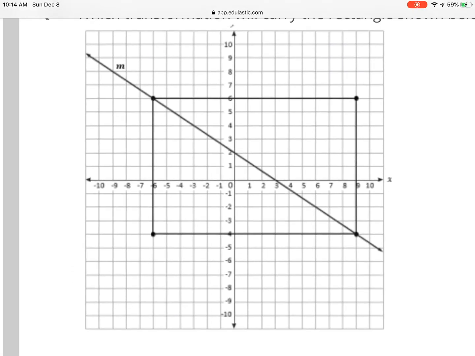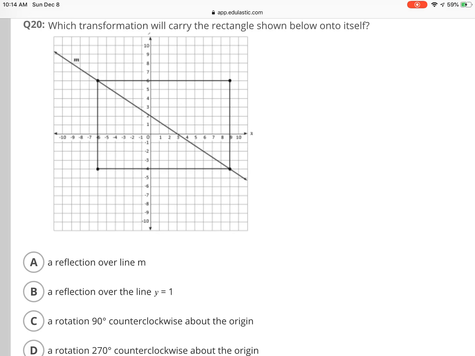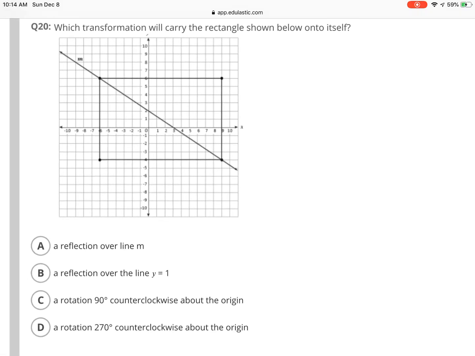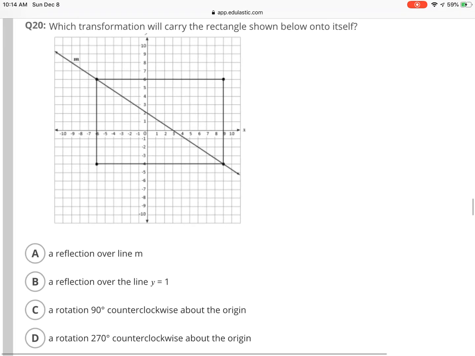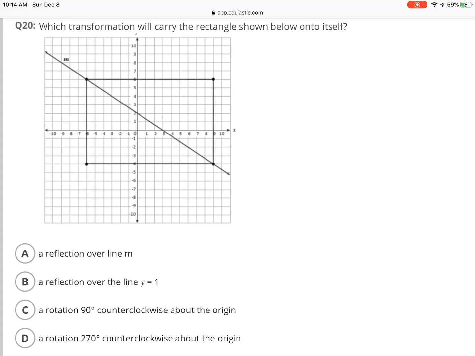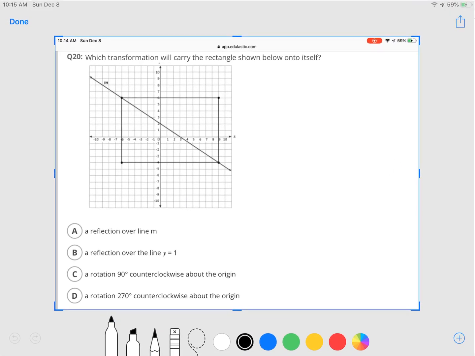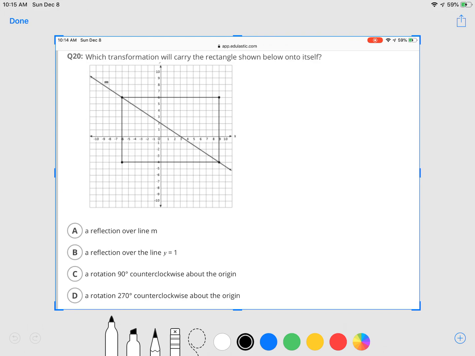Okay, number 20. Which transformation will carry the rectangle shown below onto itself? Okay, so diagonals don't work. Reflecting over a diagonal, like this line M, does not work for a rectangle.